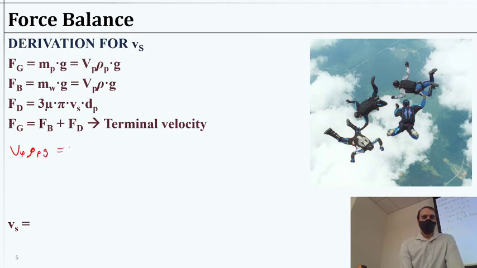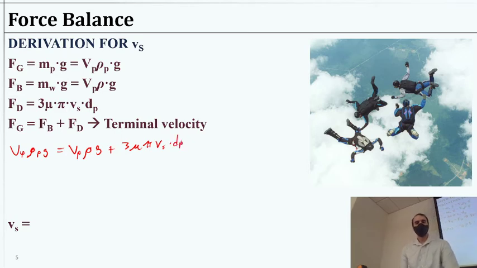It's going to be equal to V particle times rho times g plus 3 mu times pi times that settling velocity that we're interested in times the diameter of the particle. So this Vs is really what we're interested in here, so we're going to start solving for that.